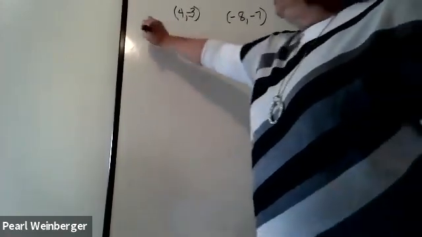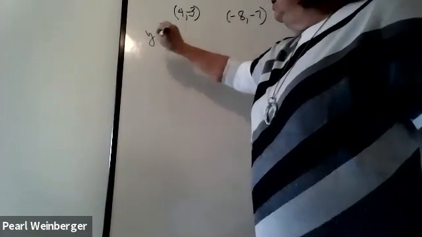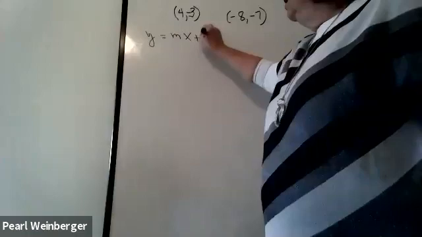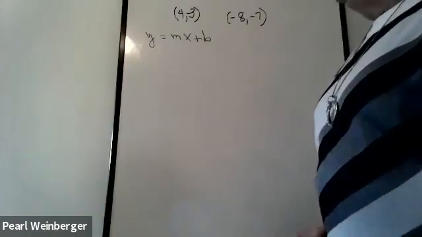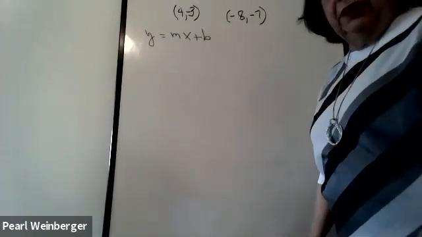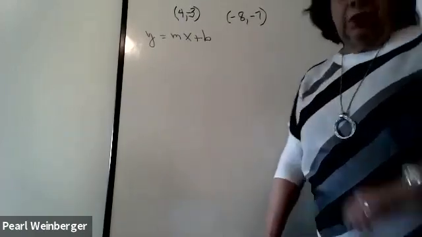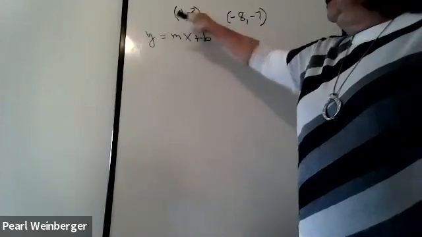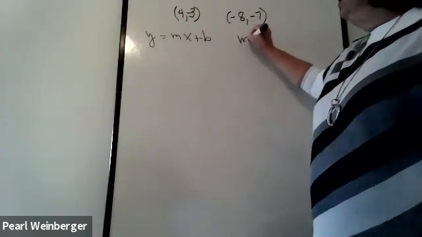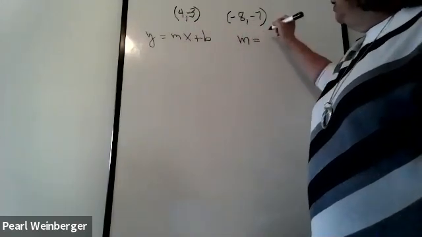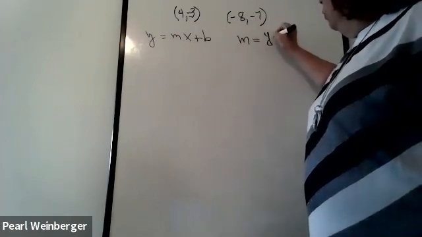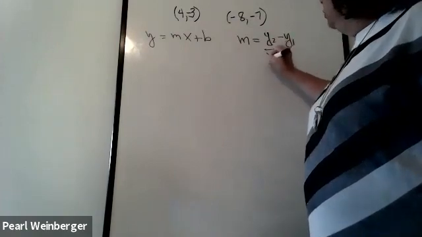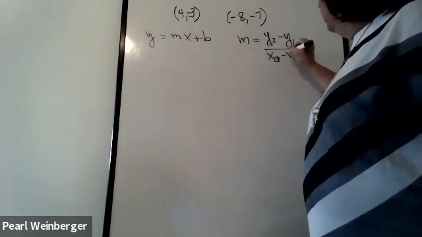And again, remember that my equation of a line is y equals mx plus b. And again, the first thing we're concerned with is the slope. We want to figure out what is the slope of this line. And since we have two points, we can use the special slope formula that goes like this: m equals y2 minus y1 over x2 minus x1.